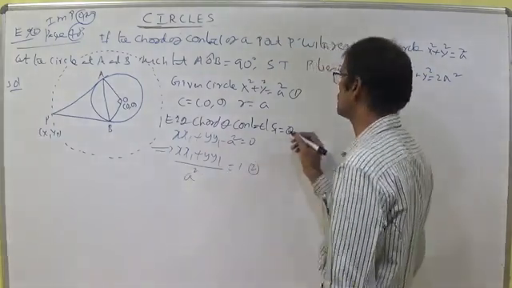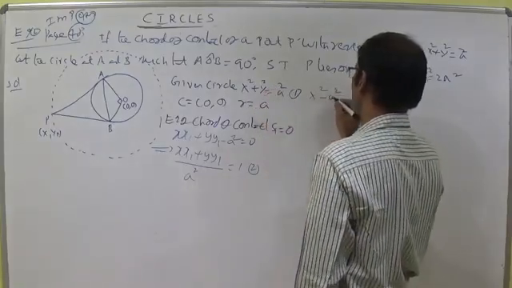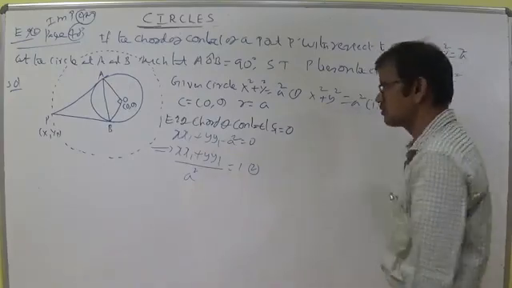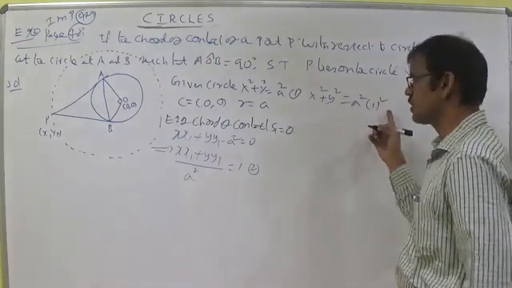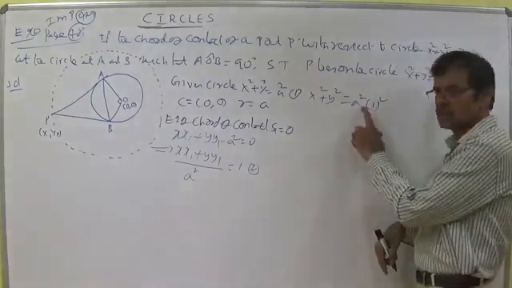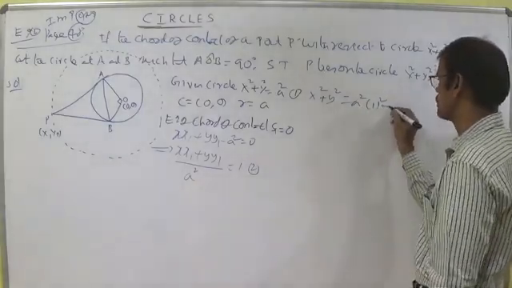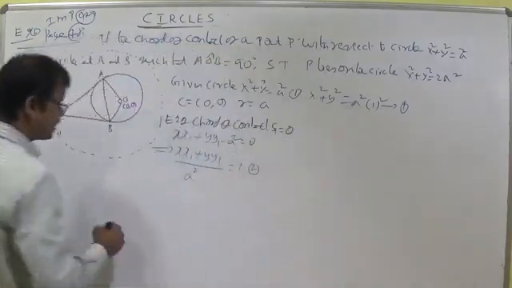Let this be the second equation. And here x square plus y square is equal to a square into 1 square. If it is an x term, you should write 1 square; if it is just x, you simply write 1, there is no need to write 1 square. Homogenizing 1 and 2 we get.